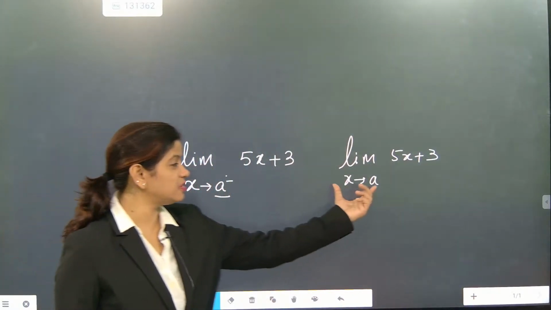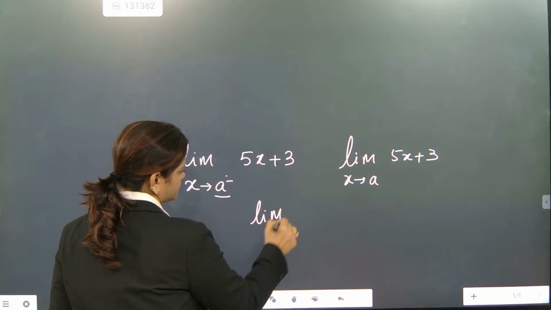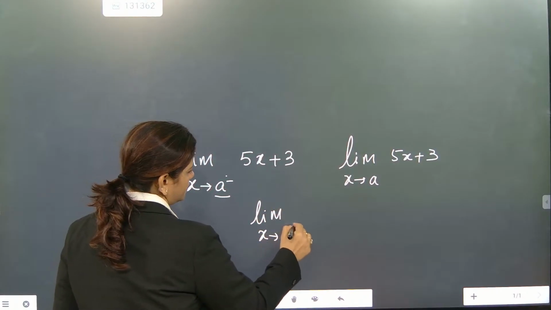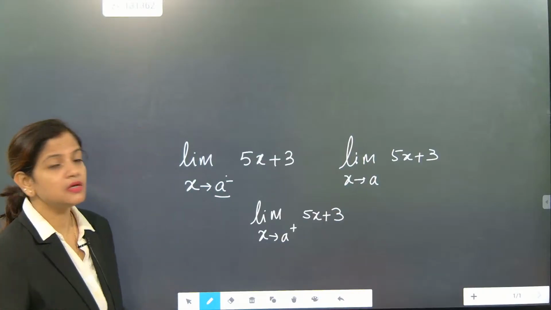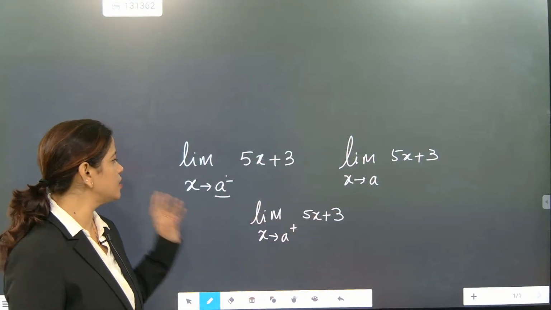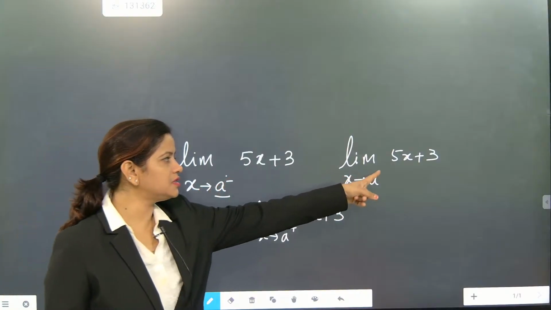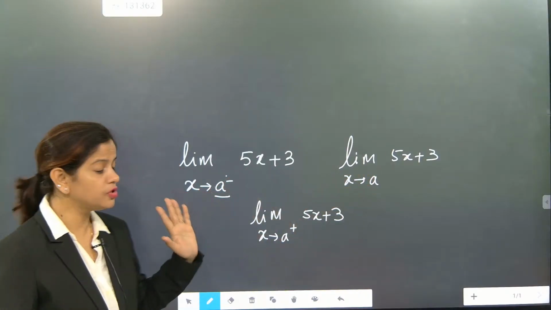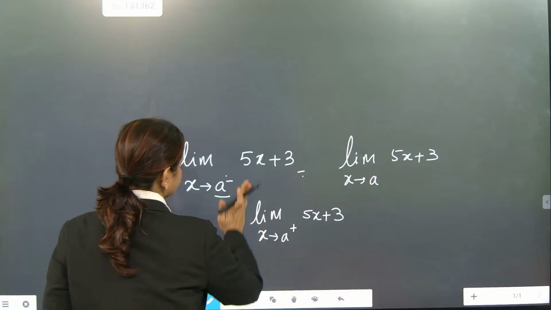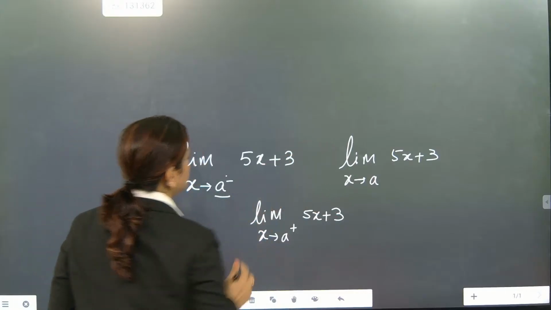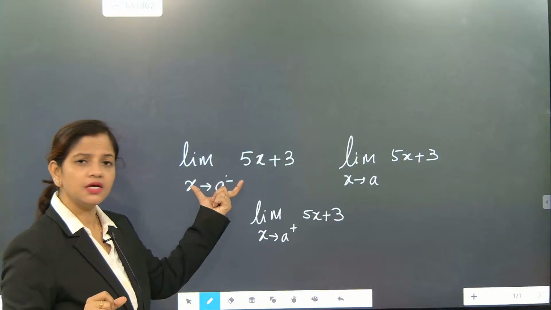This is not left, this is center. This means right side. Understood? How I came to know? By checking minus, nothing, plus. I hope you might have understood this one. This is minus, left side.